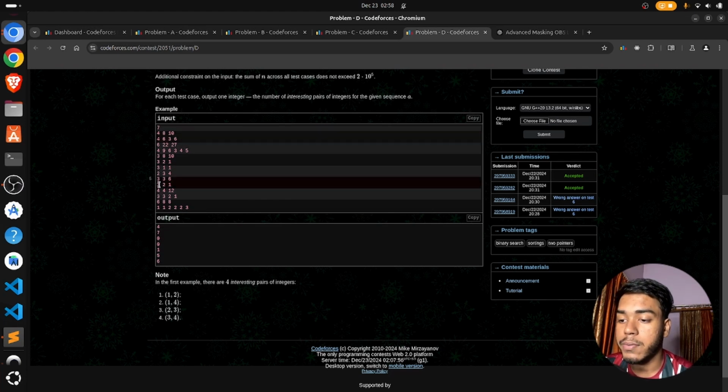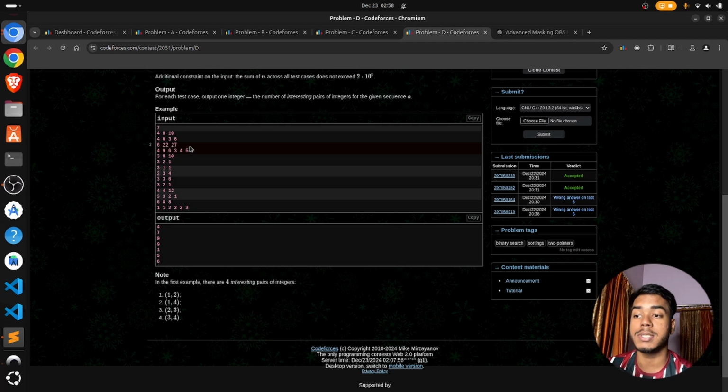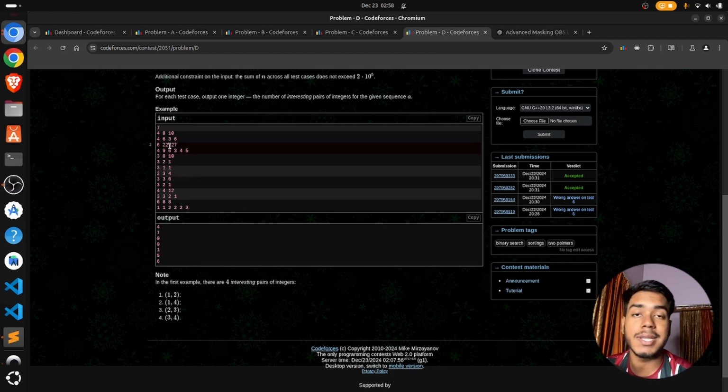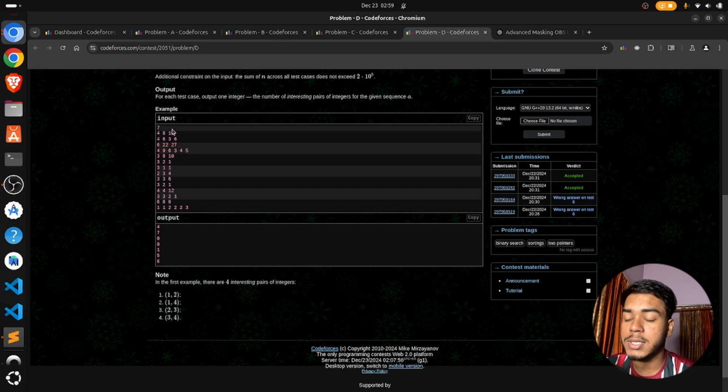And another pair is 1 4. 1 4 becomes 4 and 6, which is 10 again, and the remaining sum becomes 9, which is again a valid pair. 2 3 becomes 6 and 3, basically the other way around, and the remaining sum becomes 10, and 10 is in the range of 8 to 10, which is inclusive. And similarly it is 3 4.